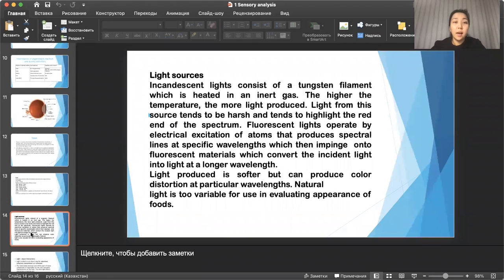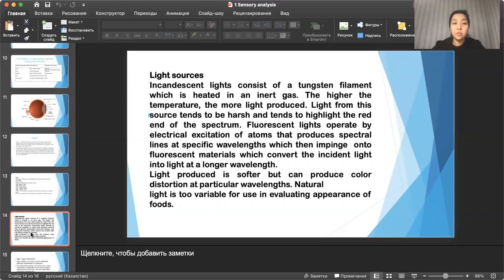So the light source, incandescent light, consists of a tungsten filament which is heated in an inert gas. The higher the temperature, the more light is produced.